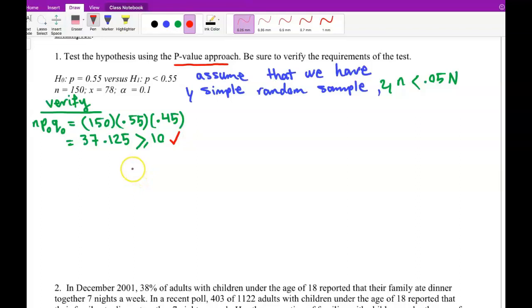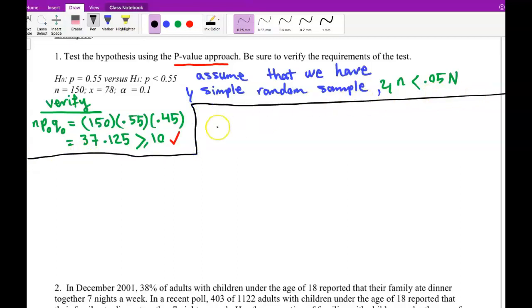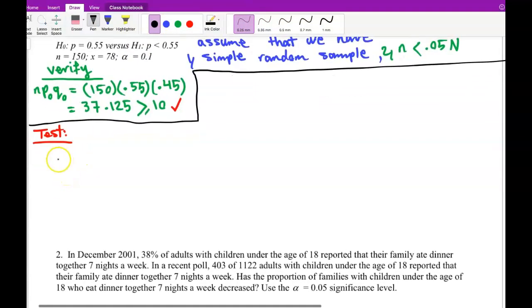Okay, the next step, test the hypothesis using the p-value. So to test, step 1.